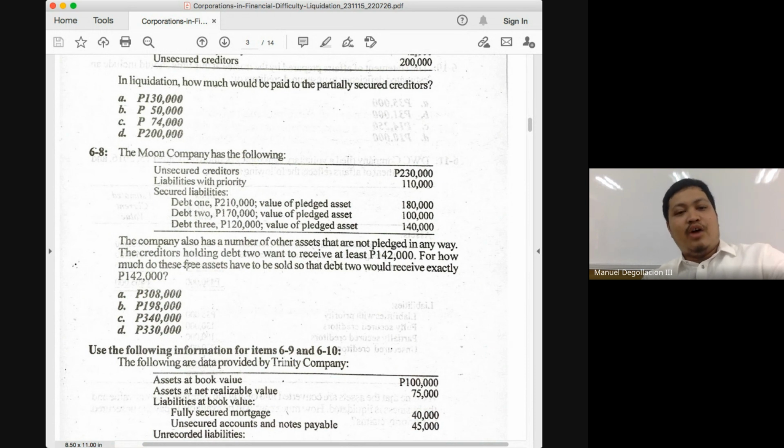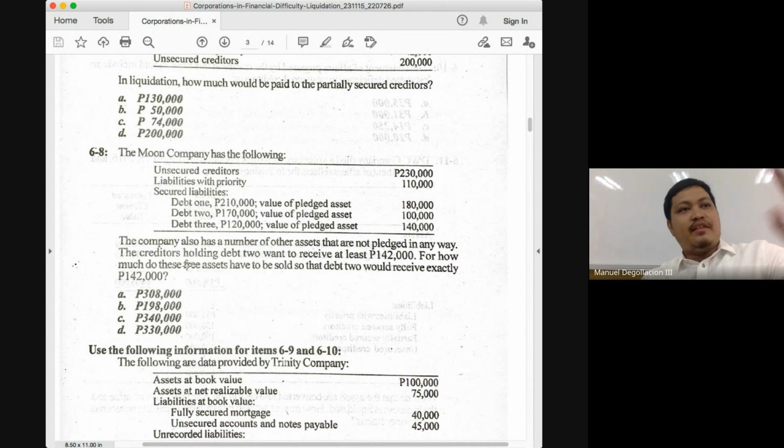How much is the amount of debt 2? 170,000. What is that 100,000 then? That's the value of the asset pledged for debt number 2. Debt 3 is how much? 120,000. And the 140,000 you see there is the value of the asset pledged for debt 3.